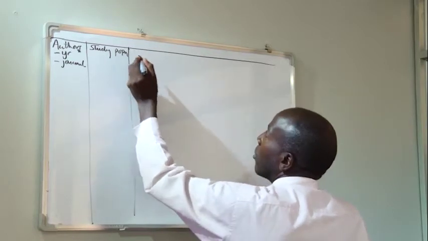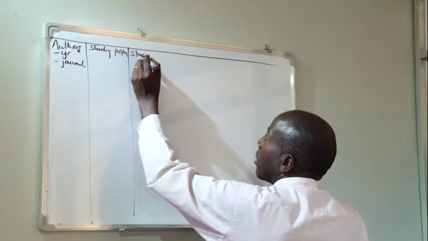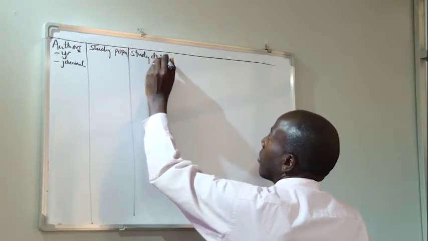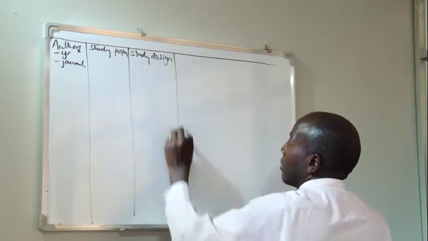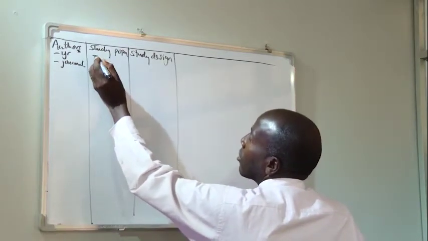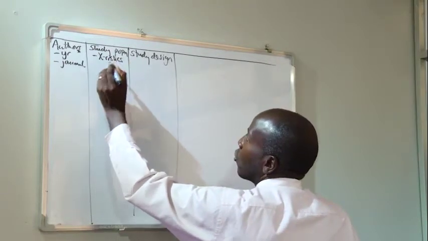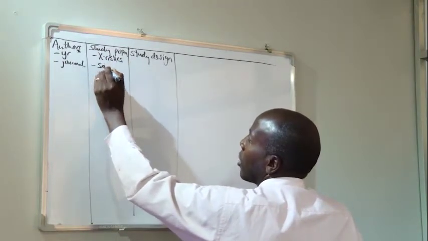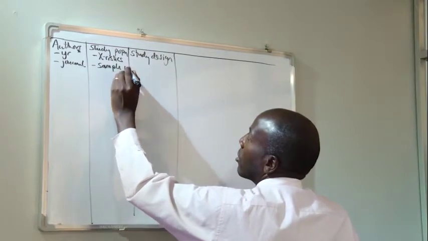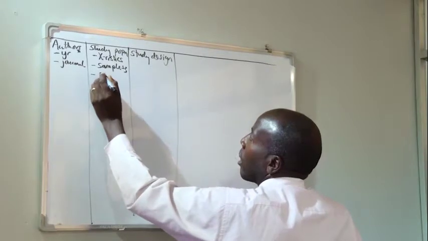You want to know the study design that was used. Here, study population refers to the characteristics of the population, for example, children, and also please the sample size, and also the country.